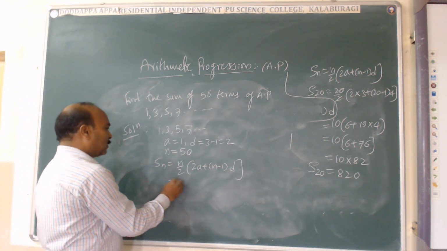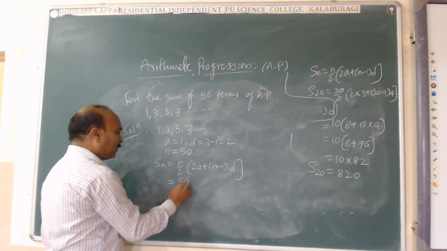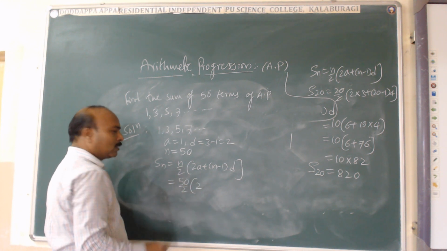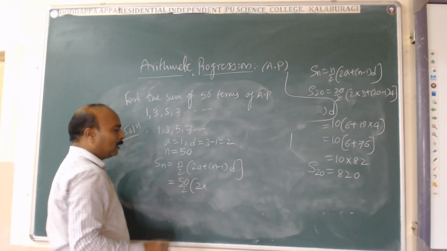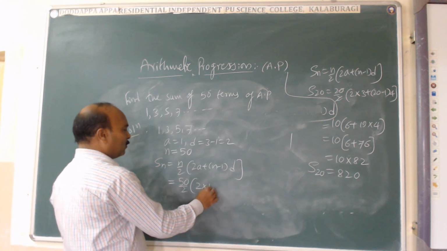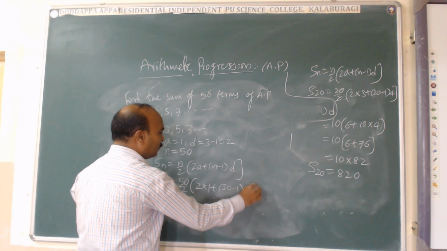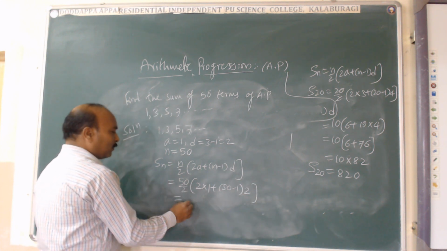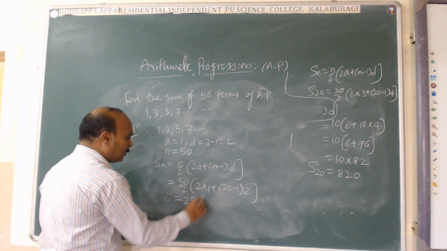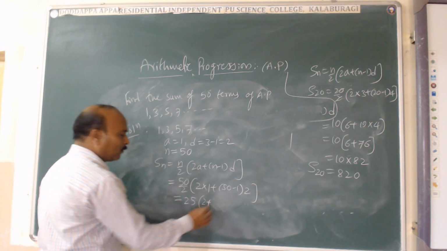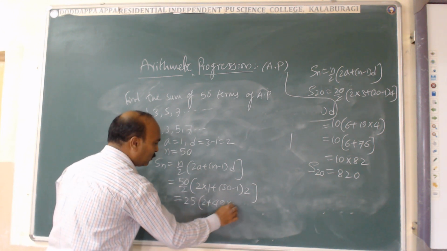So it is n by 2, means 50 by 2, into 2 into a, a value is 1, plus 50 minus 1, d value is 2. Now 50 by 2 is 25 into 2 plus 49 into 2.